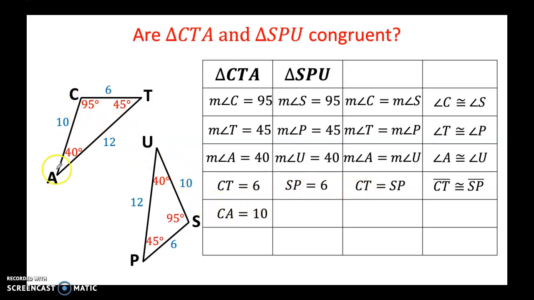Segment CA is equal to 10, and segment SU is equal to 10. Therefore, segment CA is equal to segment SU by the transitive property of equality because they are both equal to 10. Since they are equal, we can say that segment CA is congruent to segment SU.